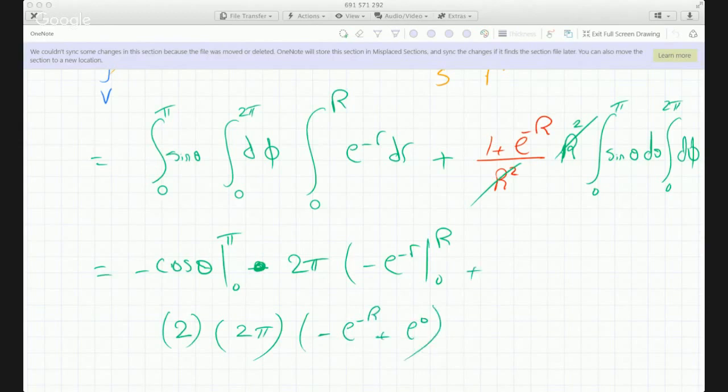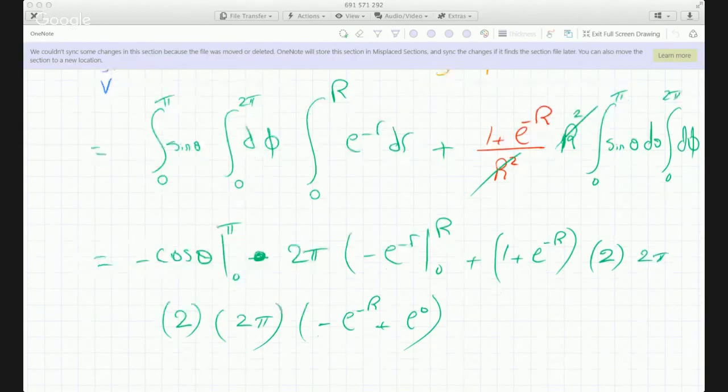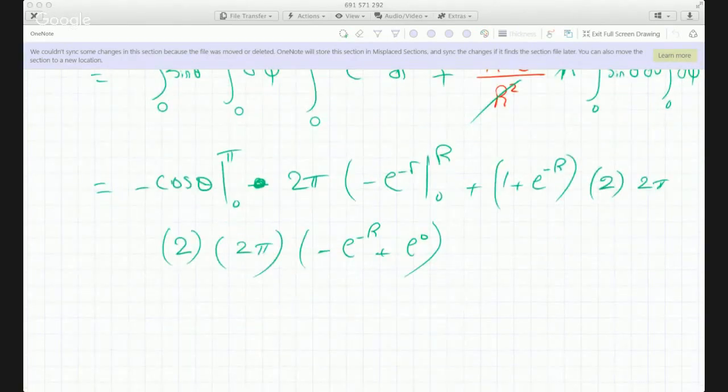And here we're going to get 1 plus e to the minus r, and sine theta again will get you 2 because it's the same thing, and this will get you 2 pi. So what we've got now is plus 4 pi times 1 minus e to the minus r, right?